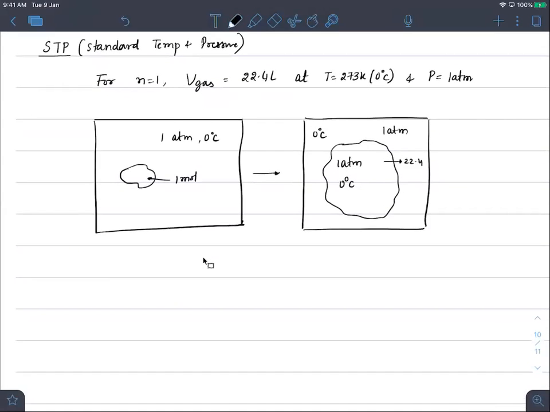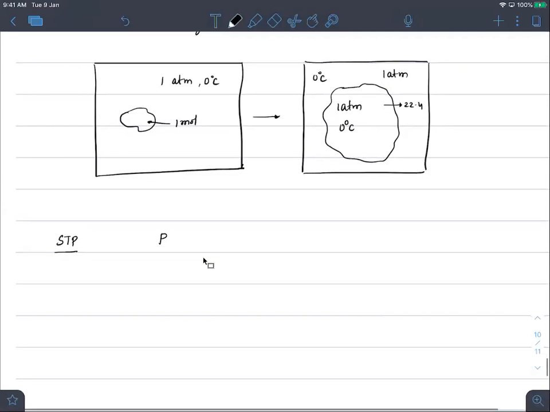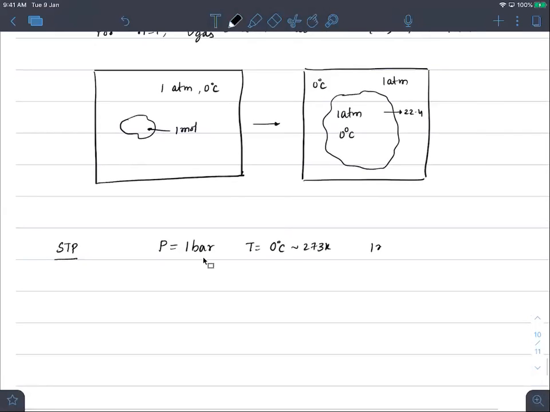So that is standard temperature and pressure. Now, standard temperature and pressure as per the new NCERT, because now standards have changed, all the pressure standards have changed to 1 bar, which means these are thermodynamic standards. 1 bar, temperature is still 0 degree centigrade or 273 kelvins. In that case, 1 mole of a gas will occupy a volume of 22.7 liters instead of 22.4 liters.